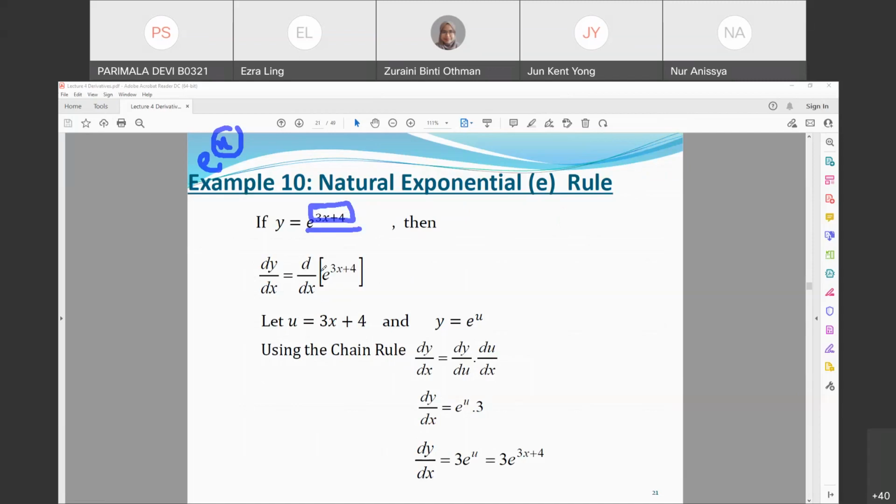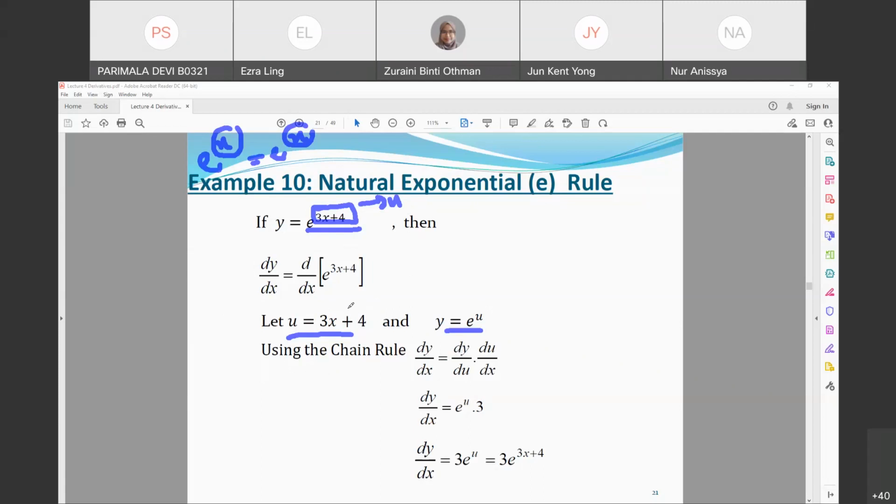Okay, so sekarang kita tahu eksponen x akan dapat eksponen x juga. So kita gantikan semua ni kepada u. And 3x campur 4 tu kita ganti sebagai u. Dan equation kita akan jadi y sama juga eksponen dalam kotak ni akan jadi u kesemuanya. Okay, so it is like this. Then we have to solve it by using chain rule.